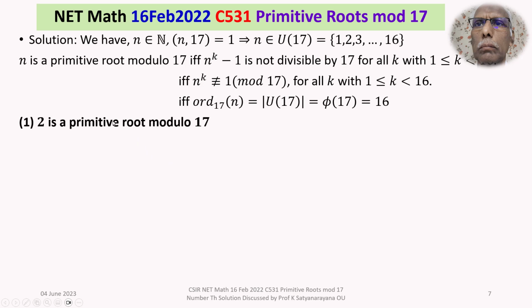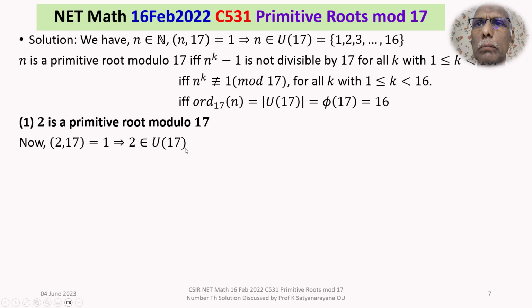Now let's discuss the validity of the statement given in option 1. Option 1 is: 2 is a primitive root modulo 17. Is it so? Now GCD of 2 and 17 is 1, right? Because the GCD of 2 and 17 is 1. Therefore 2 is a unit. Therefore 2 belongs to U(17).